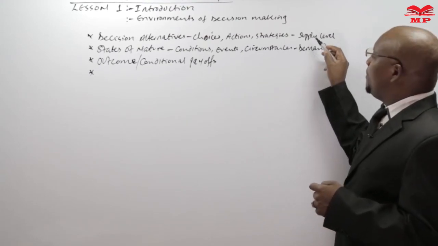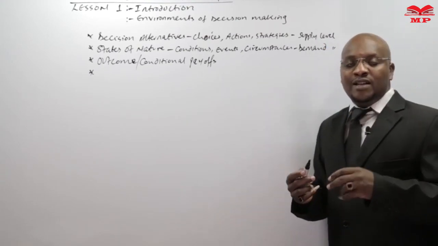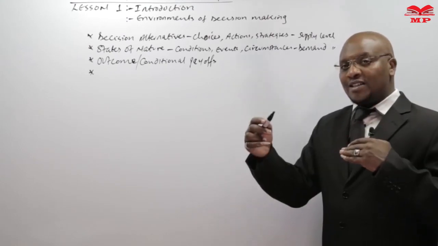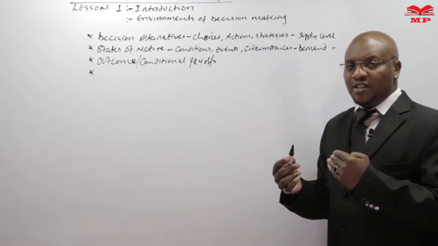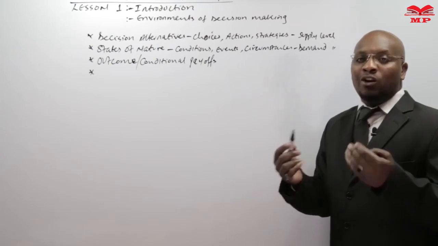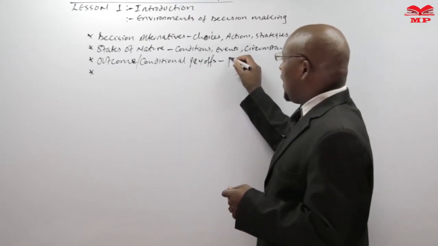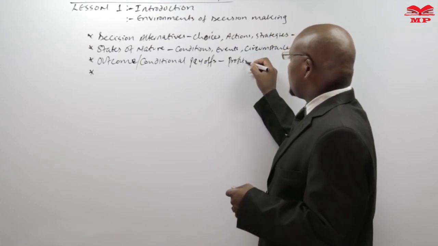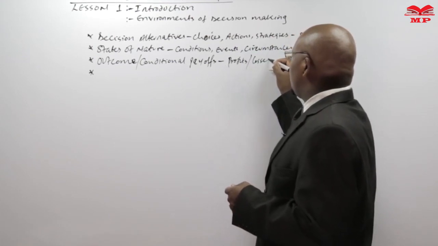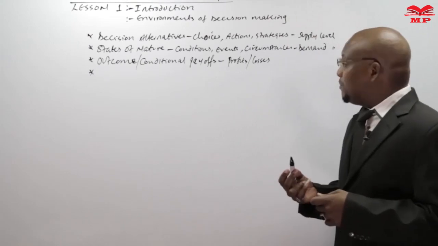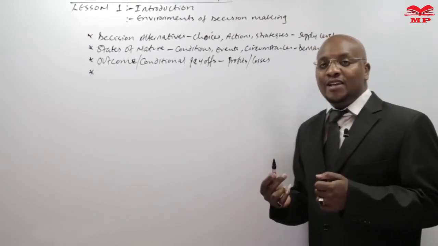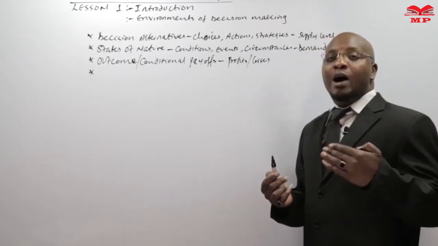Now, while we are comparing the two, this level of supply and this level of demand, of course, there is the outcome, which is maybe the profit or the loss. In this case, the outcome or conditional payoffs are the profit or the losses. If the production is higher than the demand, then of course we have an outcome.